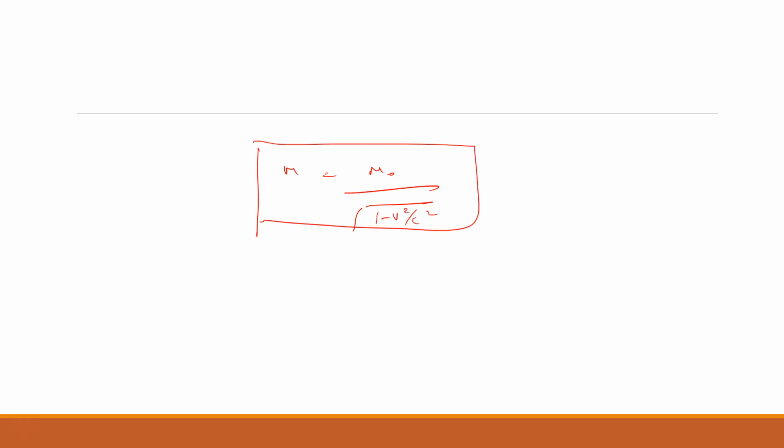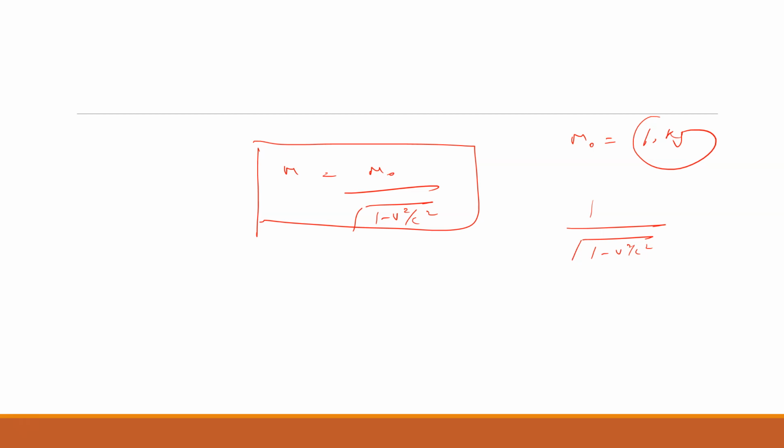This is the variation of mass with velocity relation in relativity. Now what does it interpret? Suppose you have a rest mass m naught, and if you solve root of 1 minus v square by c square, this result will always be in decimal, because v is always lesser than c.